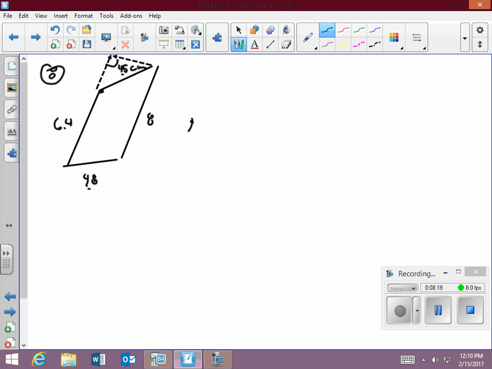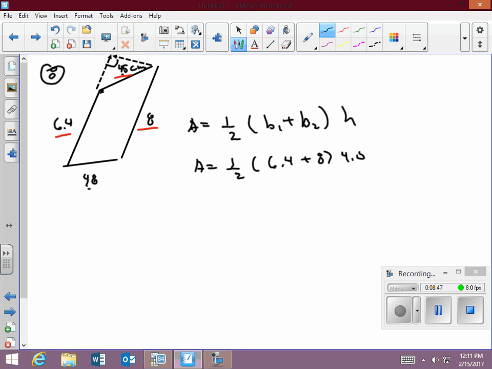So the area of a trapezoid is 1/2 of base 1 plus base 2 times the height. Well, the two bases are these two, and the height's this. So it's 6.4 plus 8 times 4.5.